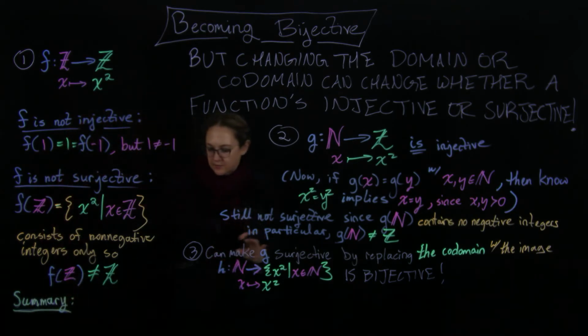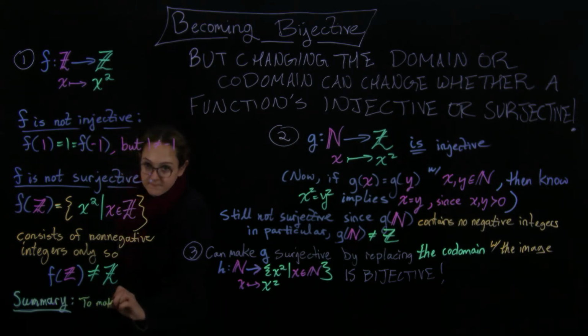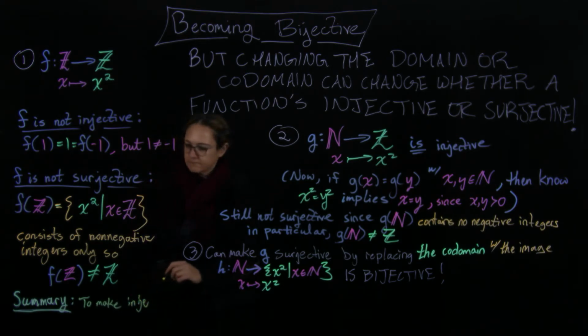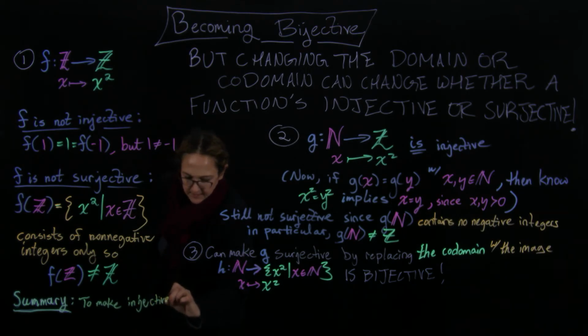Okay, so to make injective, what did I need to do?